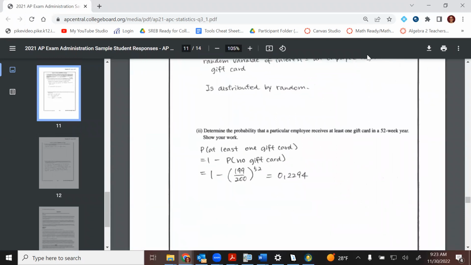Probability of at least one gift card means that, anytime we're looking at probabilities, it's 1 minus the probability you didn't get one, right? Now, that doesn't help me find the probability that they got exactly 1 gift card, or exactly 2, or exactly 3, but the probability that they did not get a gift card, there's only one way that happens.